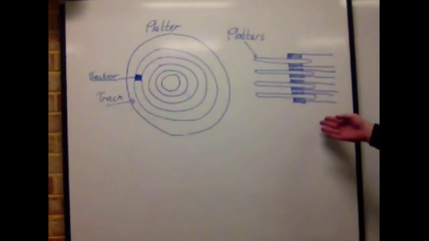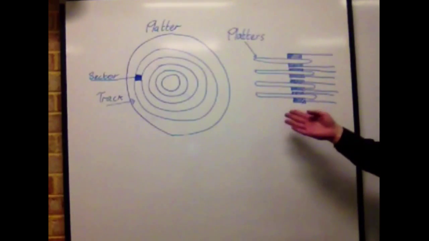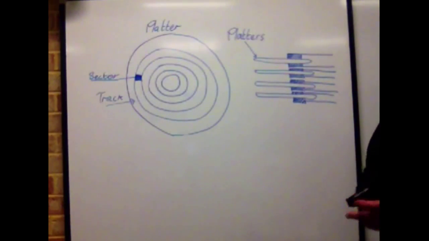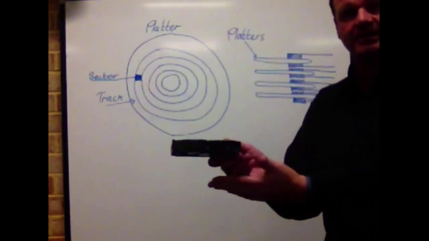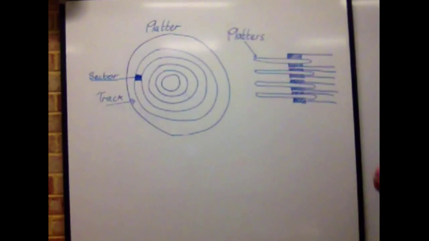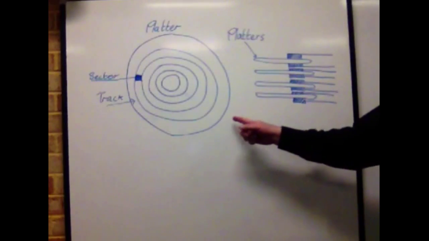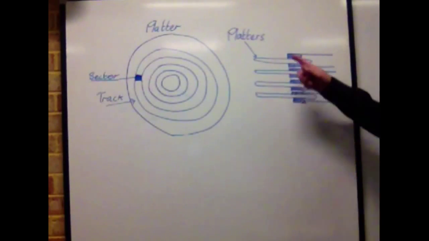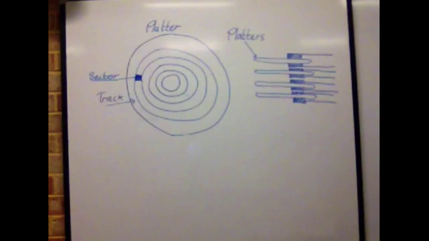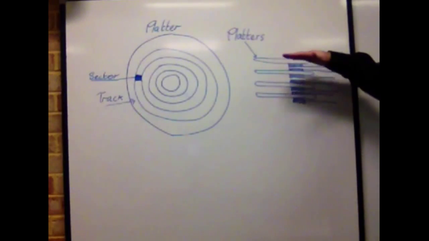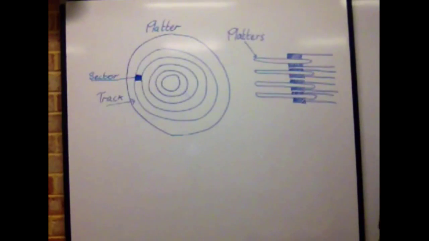Here is a side view of what it would look like if we were to take the casing off the hard drive. What we would see would be several disks. These disks are called platters, and there can be as many as 8 platters within a hard drive.